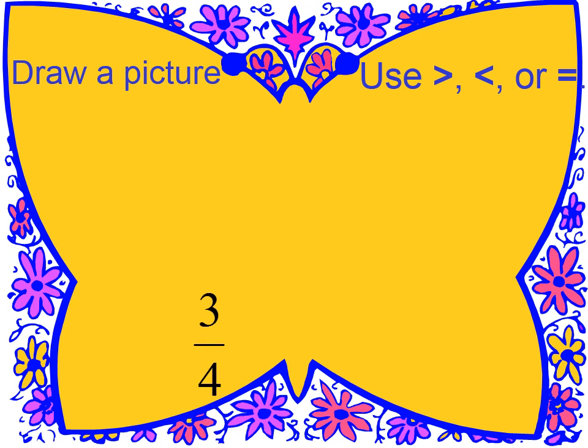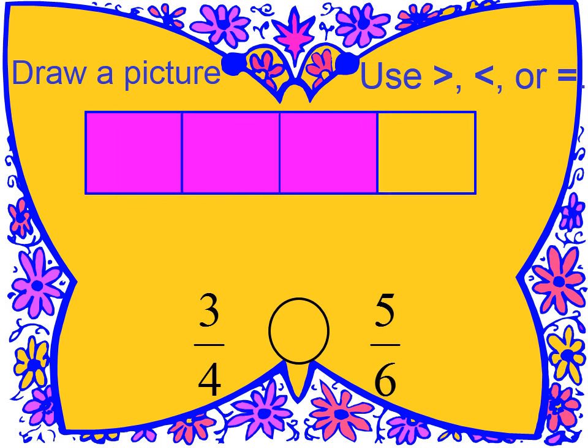Okay, the first fraction is 3 out of 4. The second one is 5 out of 6. So we want to draw these two fractions. How do we draw them? Draw two identical rectangles. The first rectangle is divided into 4 equal parts and we color only 3 parts.